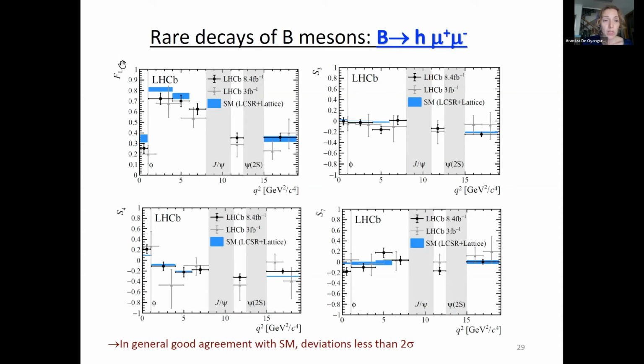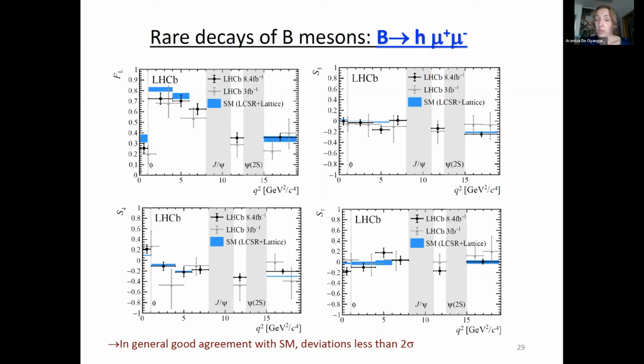So this is for the different observables related to the Wilson coefficients. In general, for the Bs to phi mu mu channel, we observe a good agreement, with deviations that are less than 2 sigma.